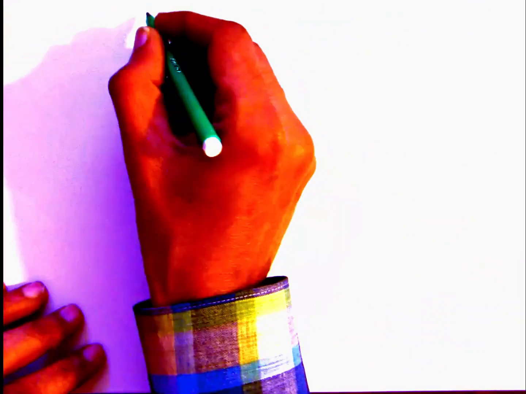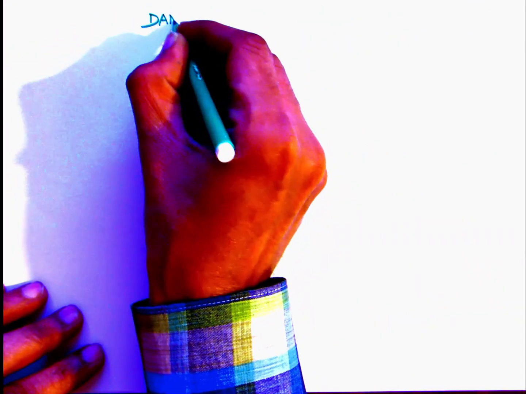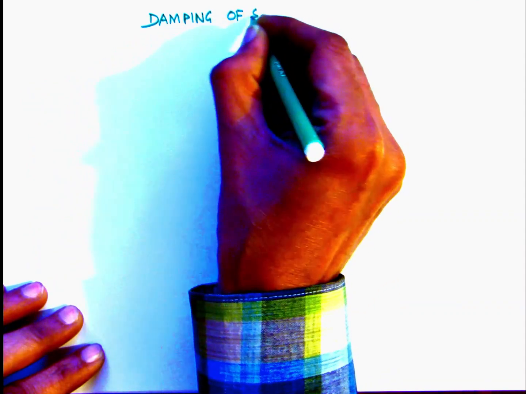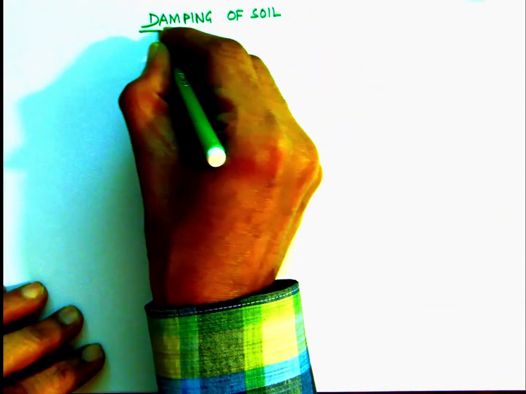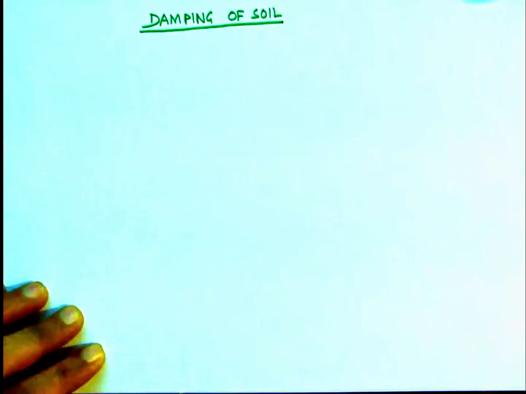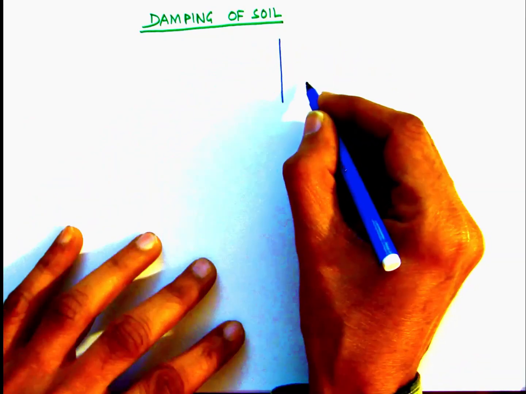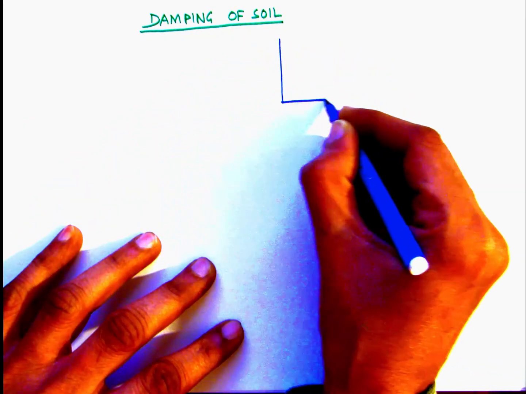Using the same plot, we can even obtain the damping parameter of the soil, that is the damping ratio. So you have already learned in your structural dynamics course the half power bandwidth method of obtaining the damping ratio.